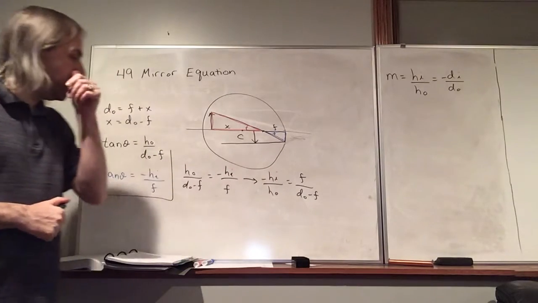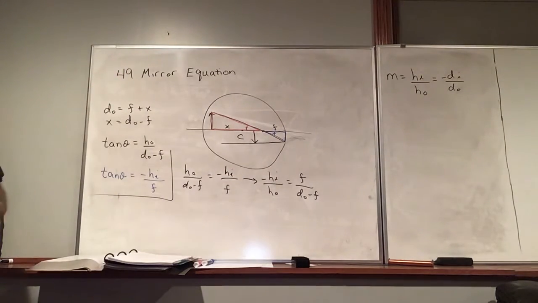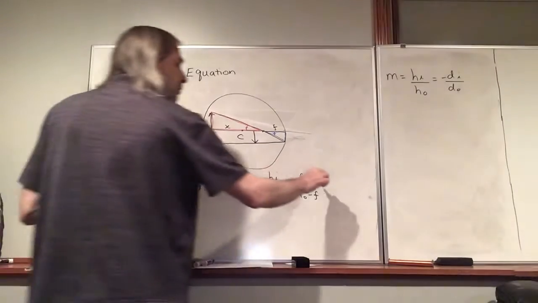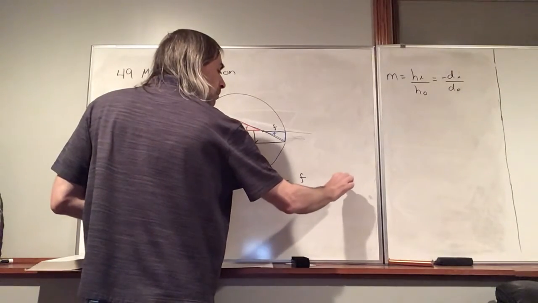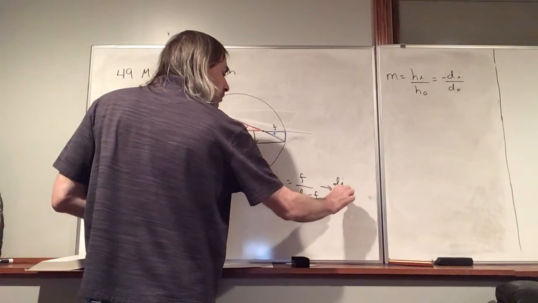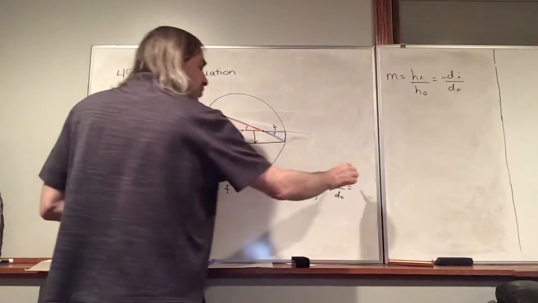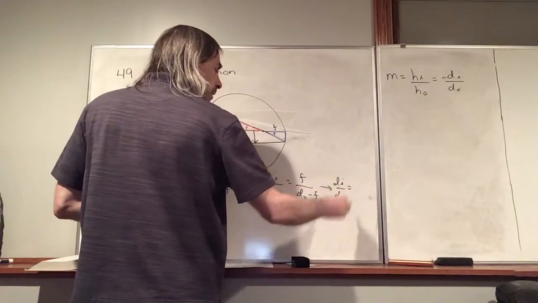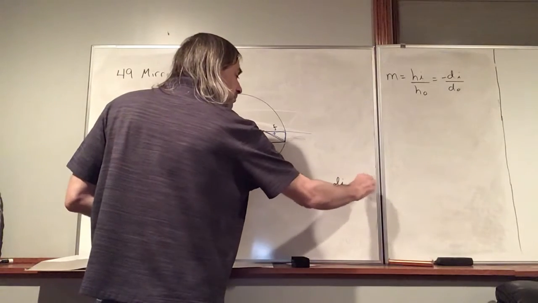And HI over HO, or minus HI over HO, is DI over DO. And I'm going to break this into two pieces. Well, not yet. Let's just do this for now.